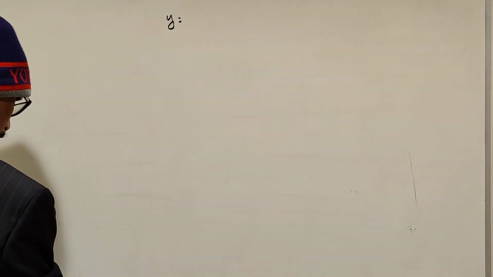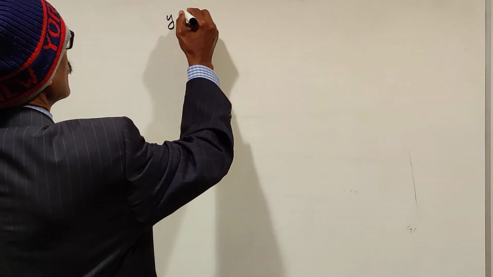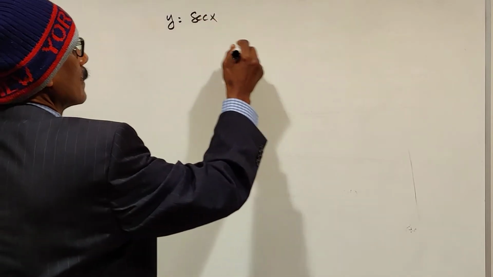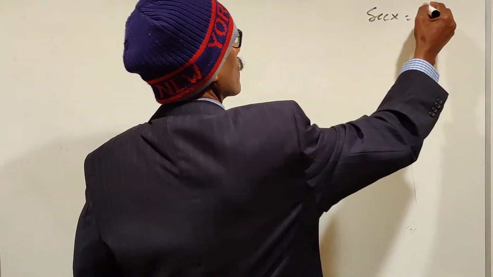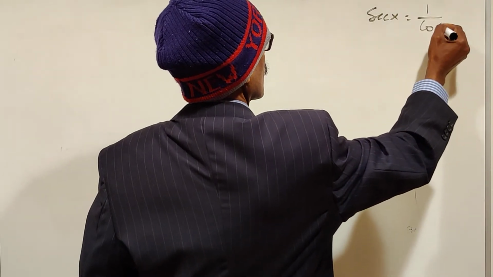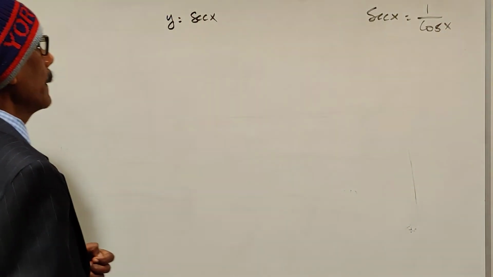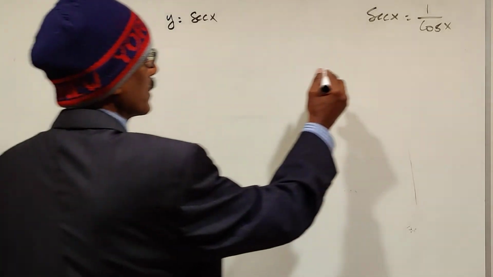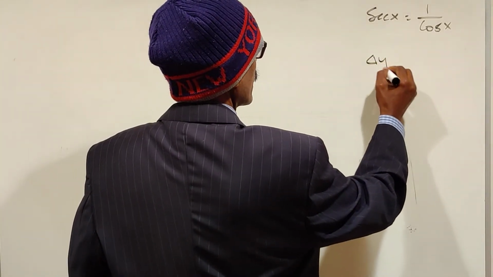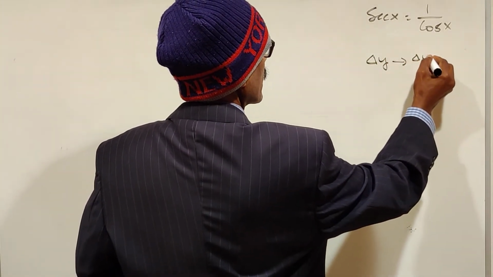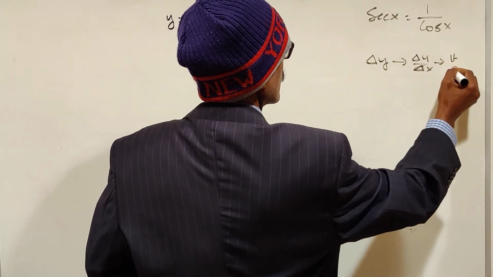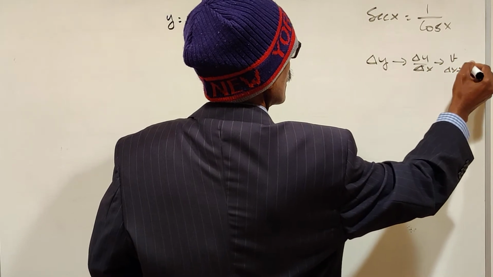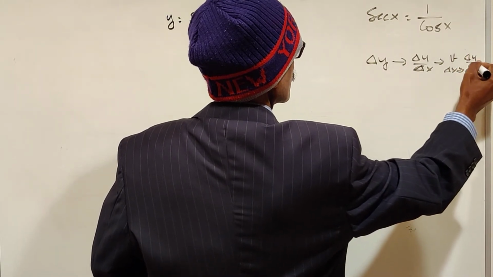Derivative of sec x. What is sec x? Sec x equals the reciprocal of cos x. Okay. What we need to find out? First delta y, then delta y by delta x, then the limit as delta x tends to 0 of delta y by delta x.